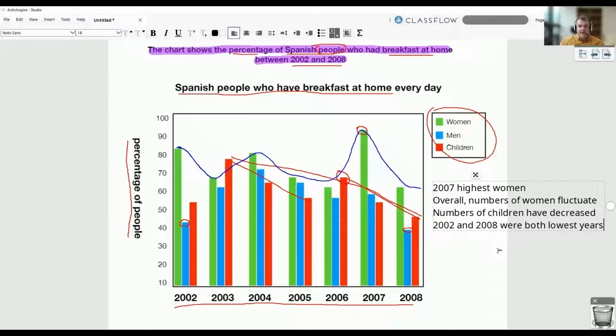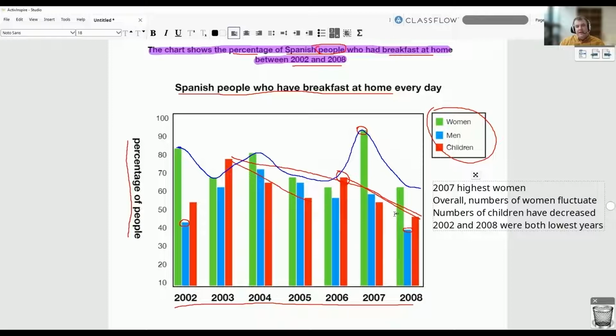So I think the key takeaway from this chart is that it's a case of fluctuation. I don't think we can say that overall the number has declined particularly, maybe slightly.